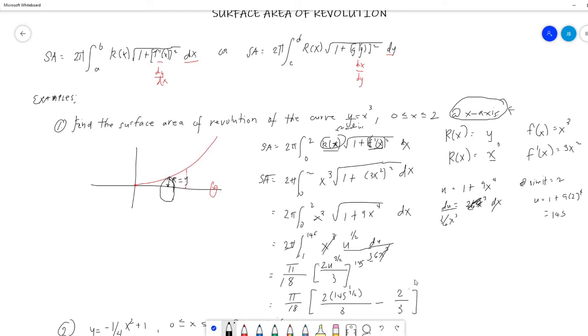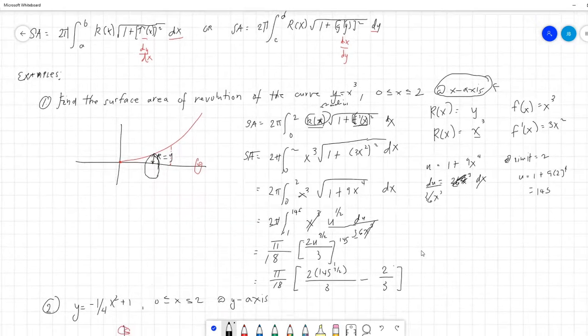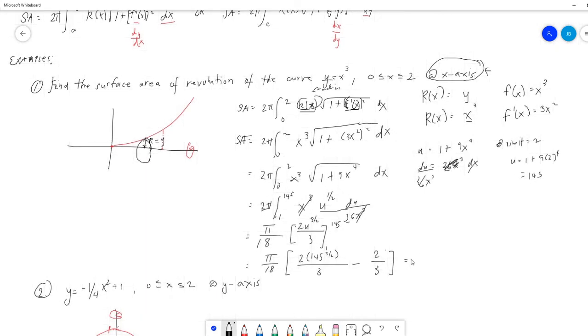Okay, so I believe we can still simplify this. That's 2 times the square root of 145 cubed over 3, minus 2 all over 3.